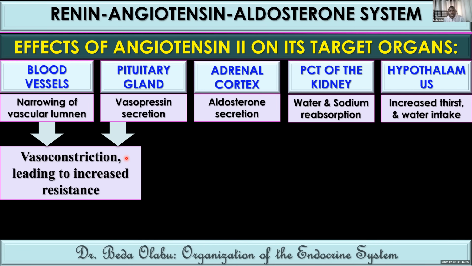Because of vasoconstriction, it means that the blood vessels are going to increase their peripheral resistance. It causes an increase in vascular peripheral resistance. And remember, that is one of the key parameters in the determinants of blood pressure, vascular resistance. So vasoconstriction leads to increased peripheral resistance or increased total peripheral resistance.